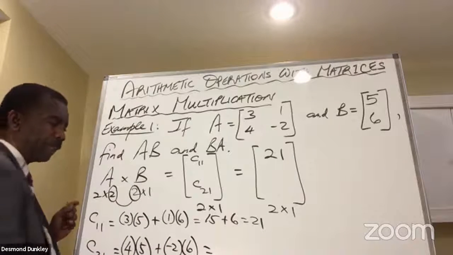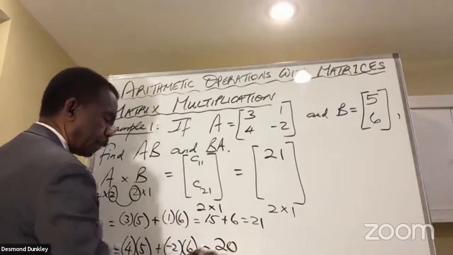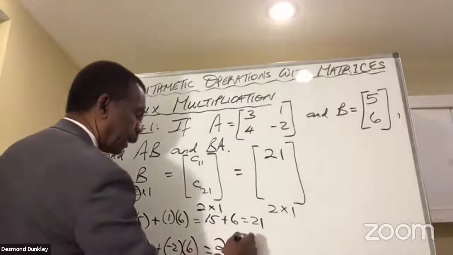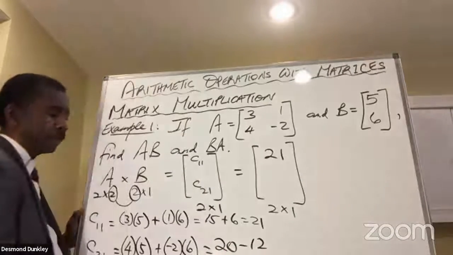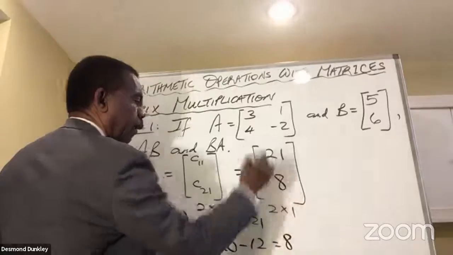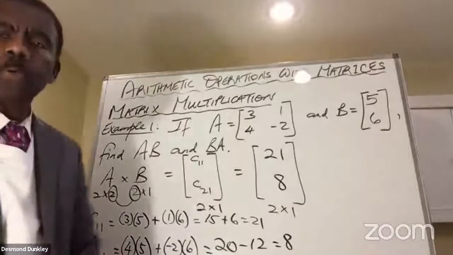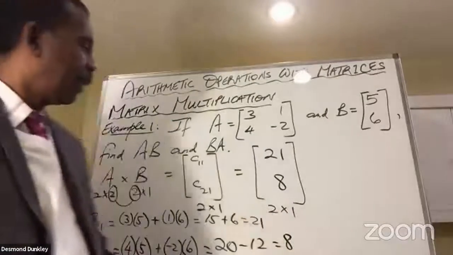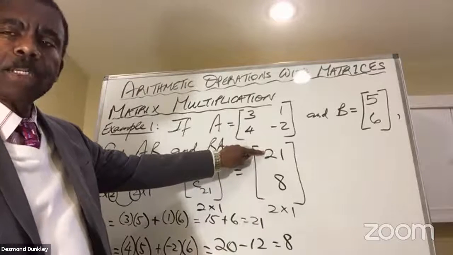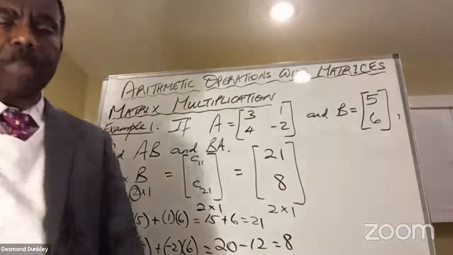So 4 times 5 is 20, plus negative 2 times 6 is negative 12. So that gives me 8. And that would be the result: a 2 by 1 matrix with 21 in this position and 8 in that position.